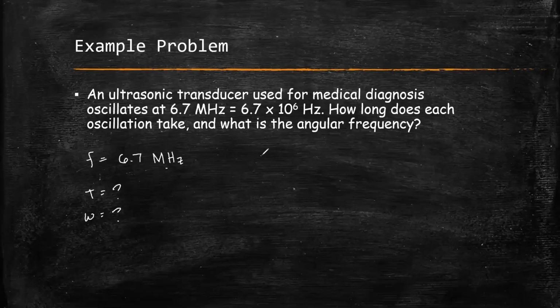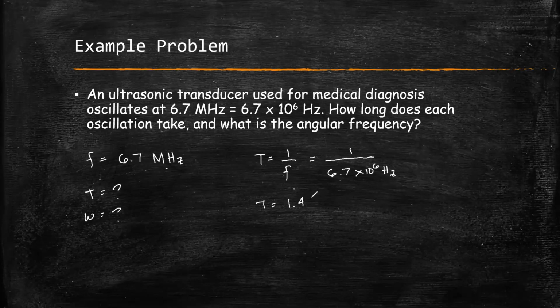To solve for the period, we know that period is the reciprocal of frequency. So we're just going to divide 1 over 6.7 times 10 raised to 6 hertz. Therefore, our period is 1.4925 seconds.